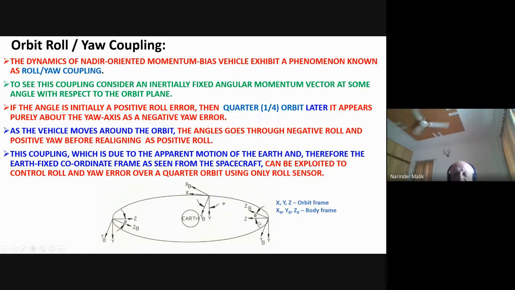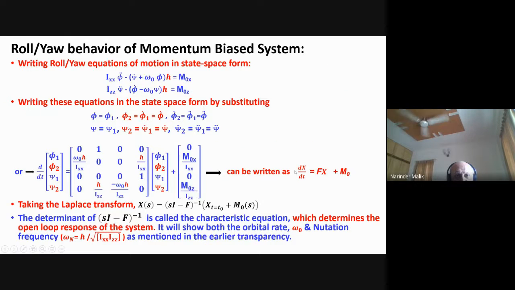What you can do is, because the disturbance torques on the spacecraft are very small, the attitude error buildup is very small, and if the angular momentum is very high, gyroscopic stiffness will be very high, so the rate of buildup of attitude error because of disturbance will be slow. Because of this, yaw will get converted to roll and can be sensed by the sensor, and you can correct. So that's how this phenomenon is made use of in controlling the satellite.